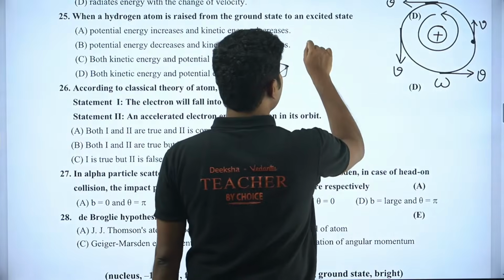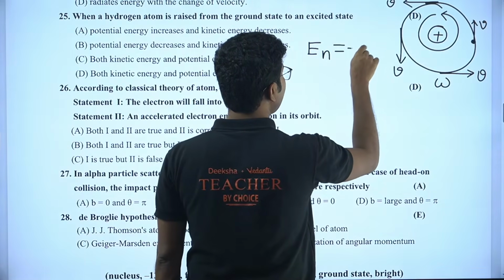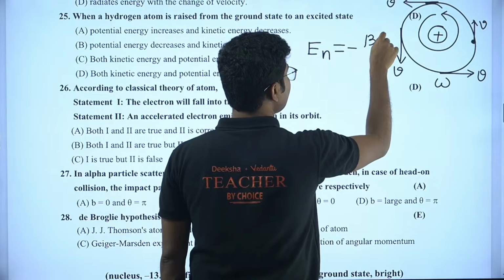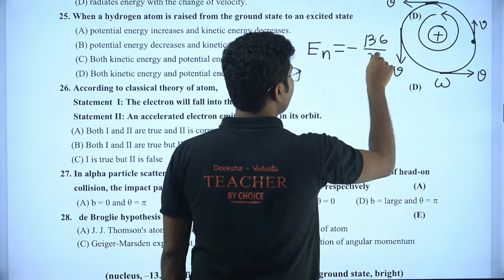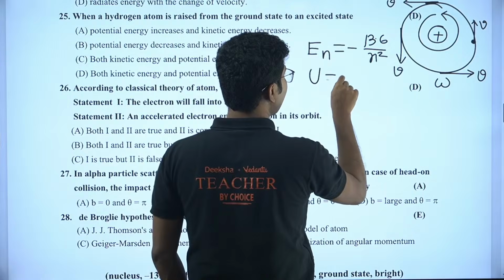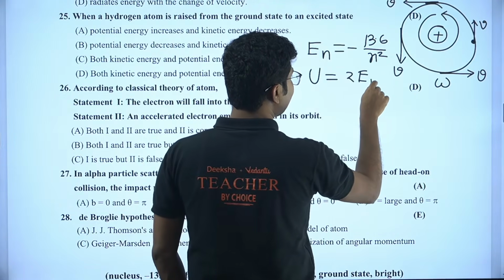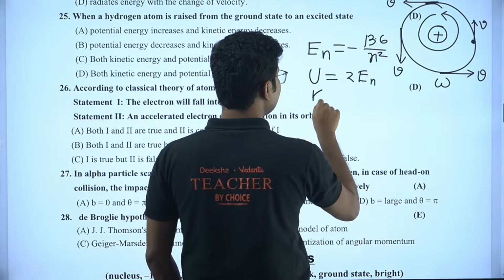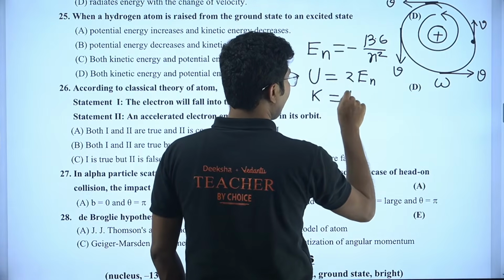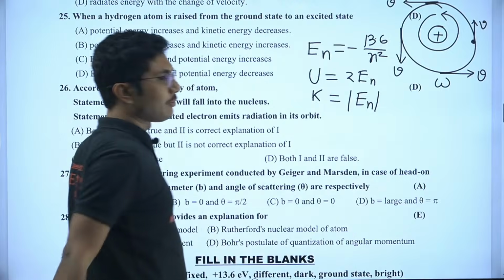Remember that the total energy at any state is given by minus 13.6 by n square. Potential energy is exactly twice this value with the sign, and kinetic energy is the magnitude of this value without the sign, that is positive.